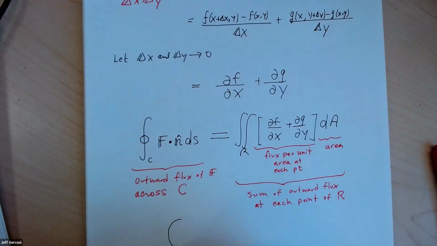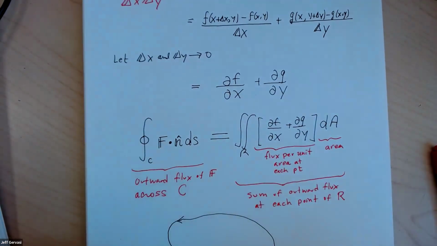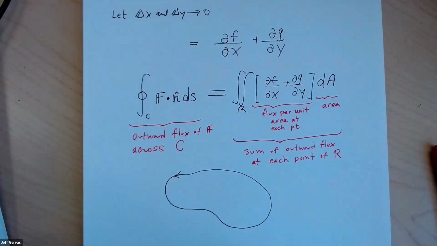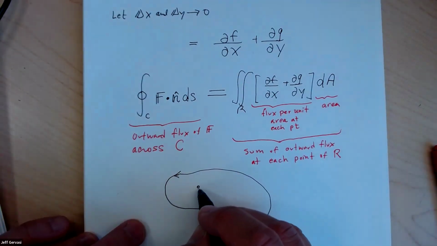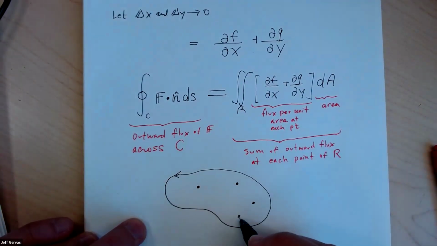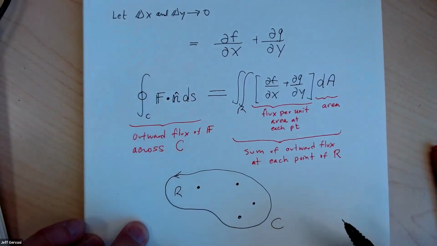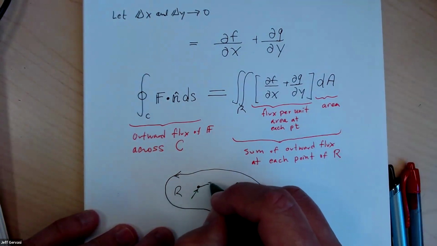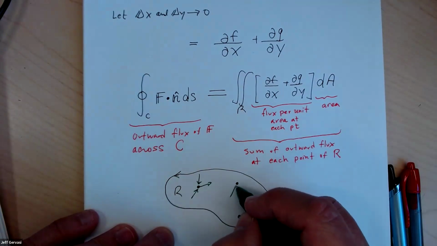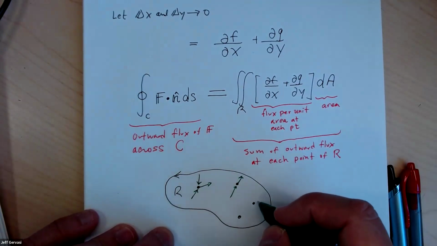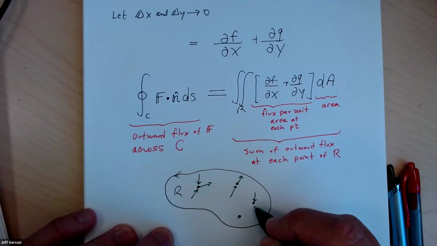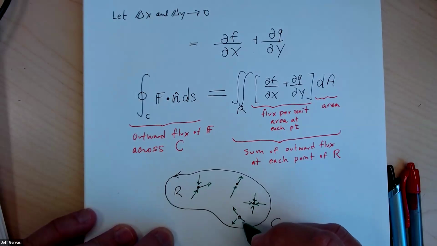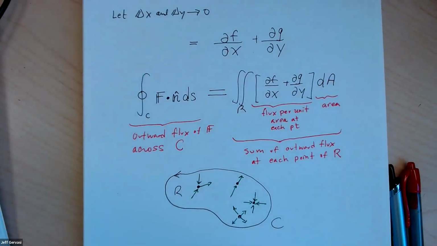So again, think of a figure that looks something like this. Here's our curve C, and we imagine that it's inside of a velocity field for a moving fluid. Here are some points within the region R, which is bounded by C. We imagine fluid coming into and out of these little points within the region R. What's the net amount of fluid?